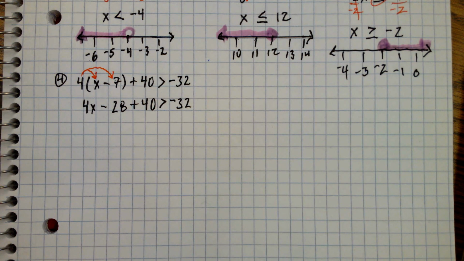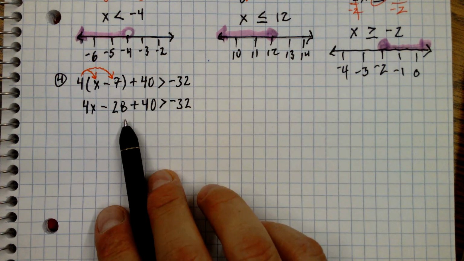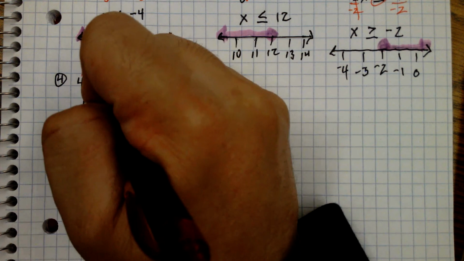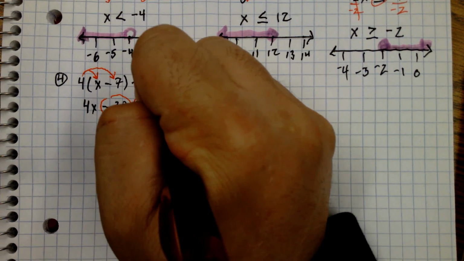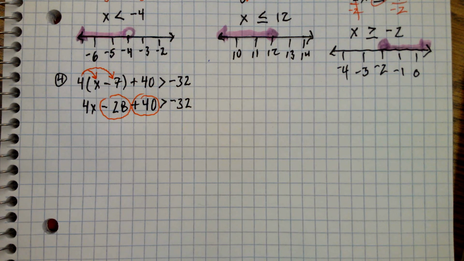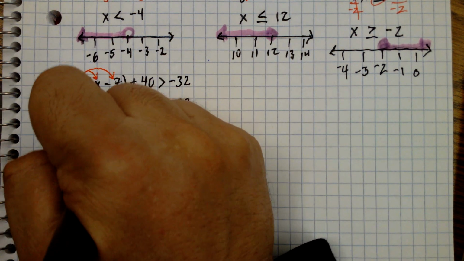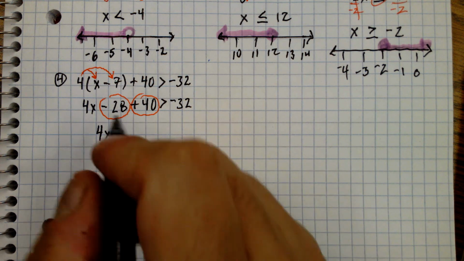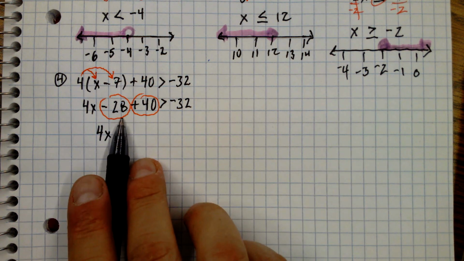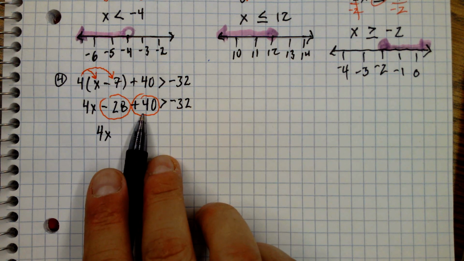Minus 40. Yeah. So that we call that combining like terms. So we have negative 28 and 40. So that's going to be, help me out, 4x minus 12. Well, it might be plus because the 40 is larger.